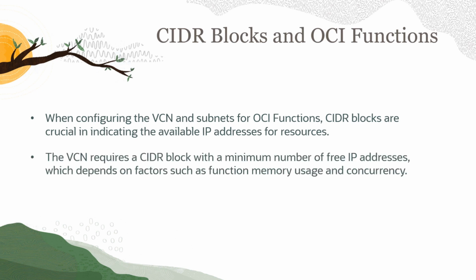These factors include the memory allocation specified for each function during execution and the maximum number of concurrent executions expected for that function. Additionally, considerations must be given to the collective memory usage and concurrent executions of all other functions operating within the same subnets of the VCN.